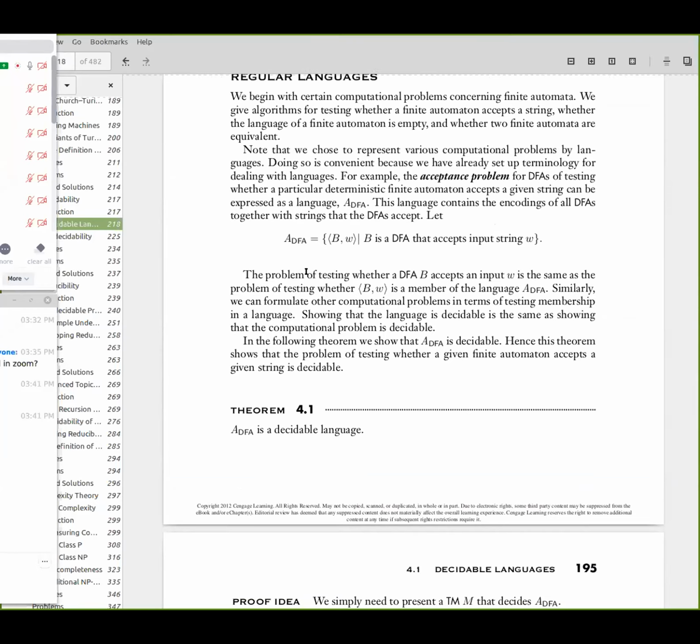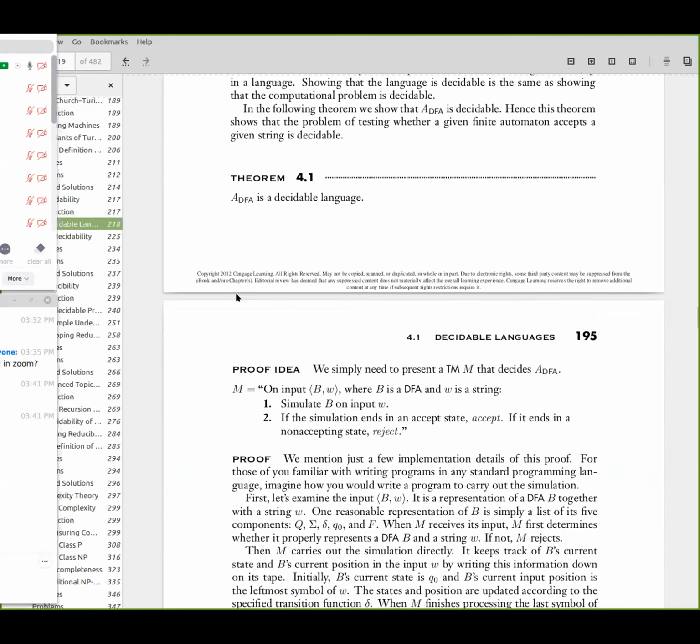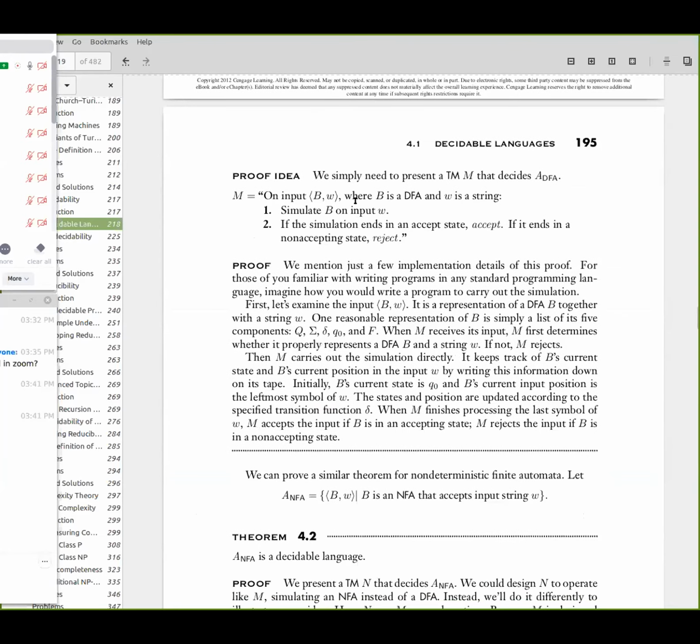So you can think of this as a language. That's the language interpretation. You can also think of this as a yes-no question. You're trying to come up with an algorithm that when you're given a description of a DFA and a string, you have to decide whether or not the DFA accepts the string. So that's this language. Theorem 4.1 here says this is decidable, and then this is the way it does it. It describes a Turing machine that always decides correctly whether a pair B, W is in the language or not.